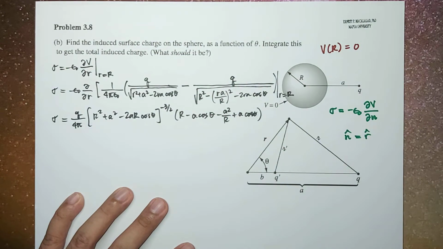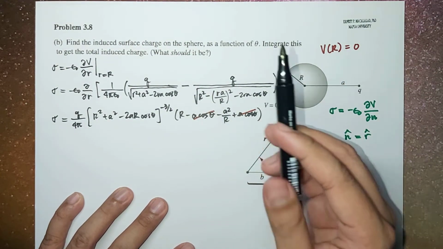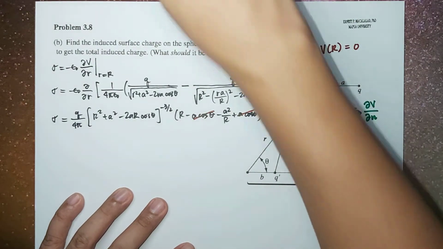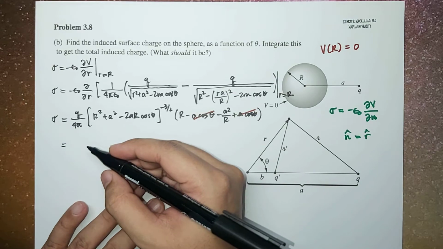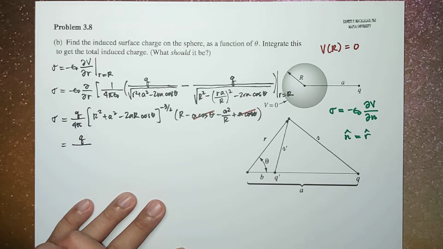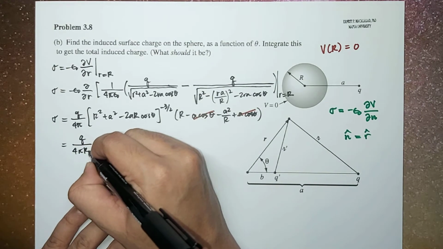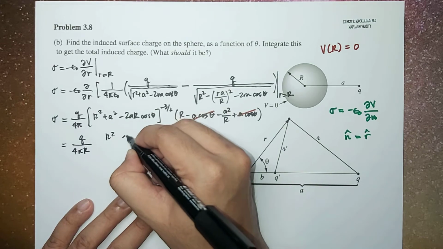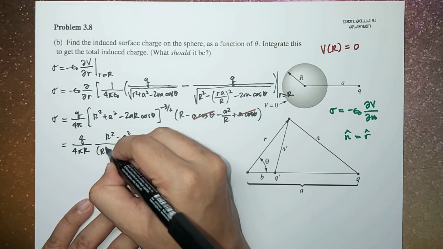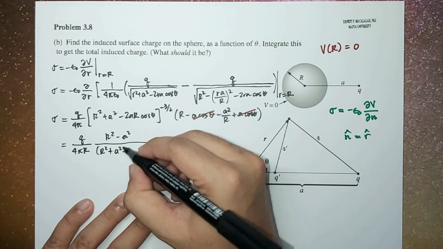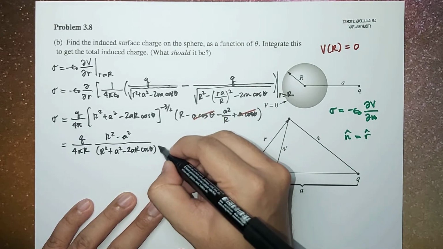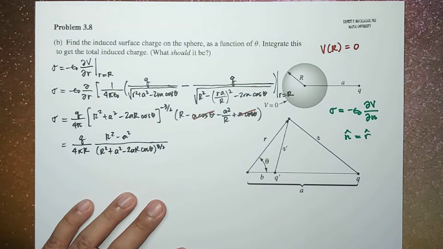And you will notice here that this will just cancel. And therefore, we can now simplify this expression as q over 4 pi capital R times R squared minus a squared divided by R squared plus a squared minus 2aR cosine theta to the 3 halves.